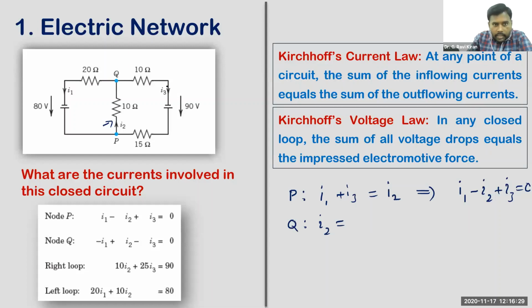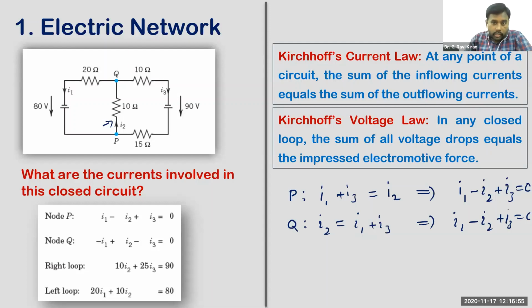Both I1 as well as I3 are moving out of Q, so I2 equals I1 plus I3. You are getting the same equation, no need to worry: I1 minus I2 plus I3 is equal to 0. This is what you can do with Kirchhoff's current law.